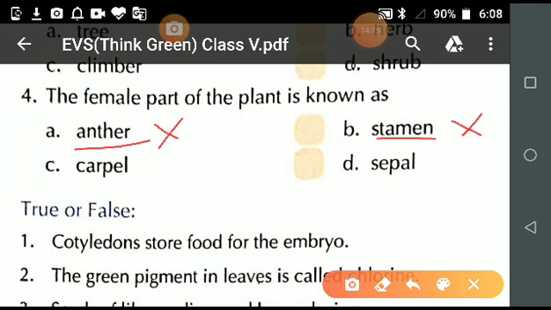Now, let's discuss part D, sepals. So, student, what are sepals?